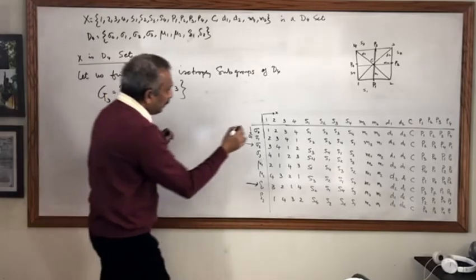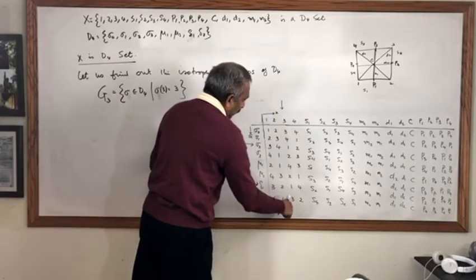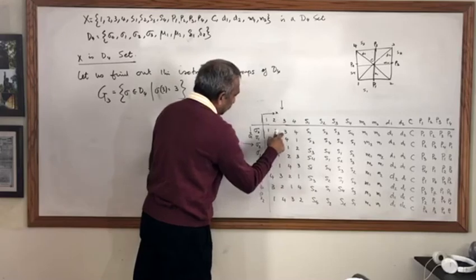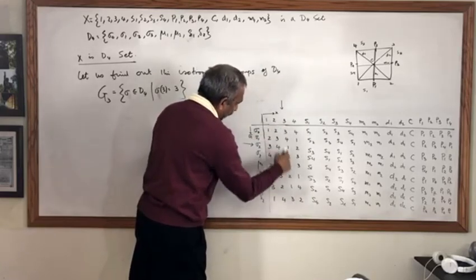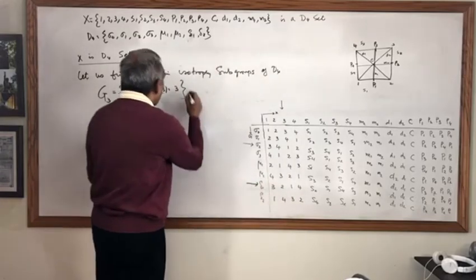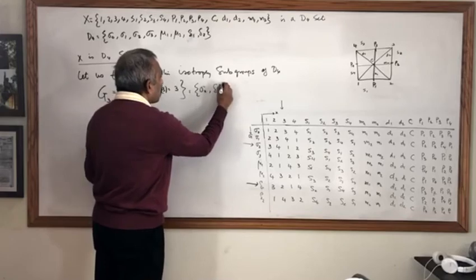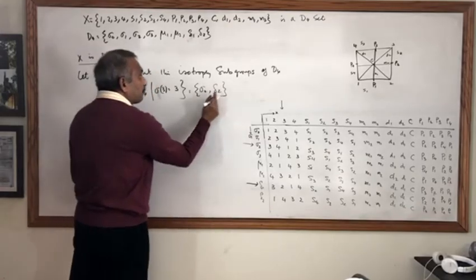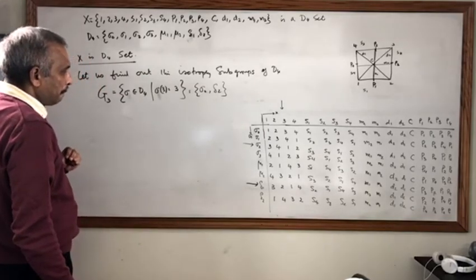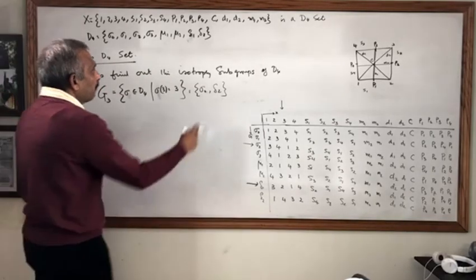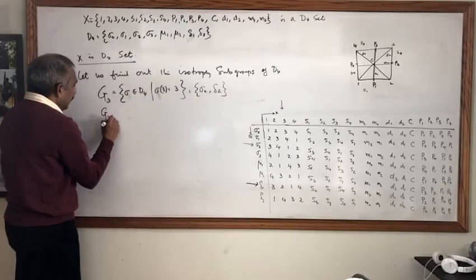If you take this column, the elements that retain 3 are sigma 0 and delta 2. So this is actually a subgroup of D4.